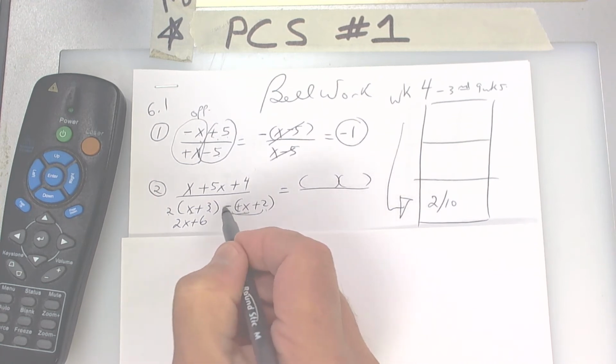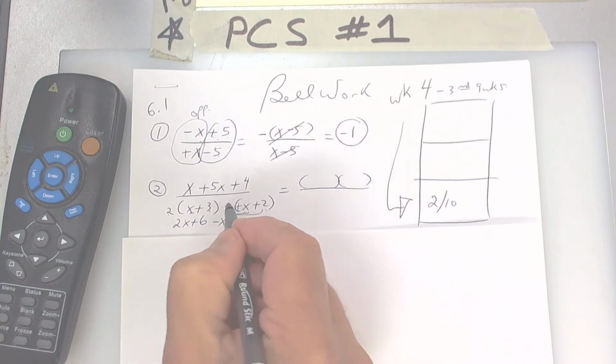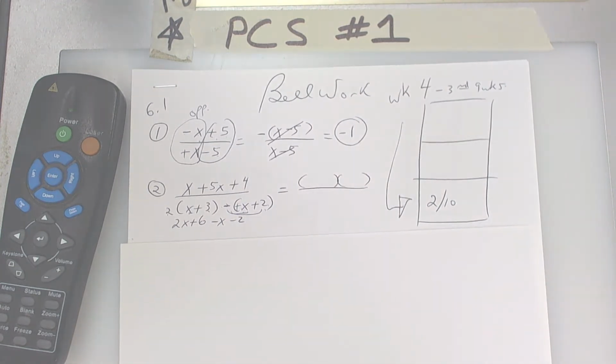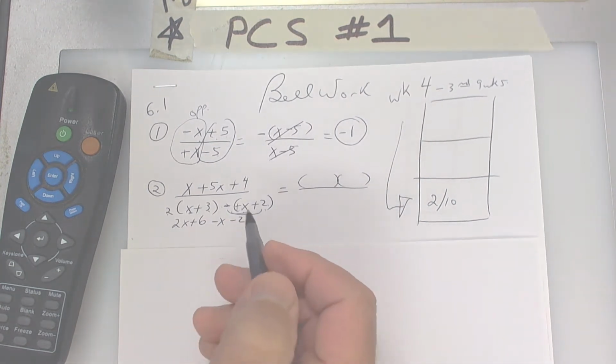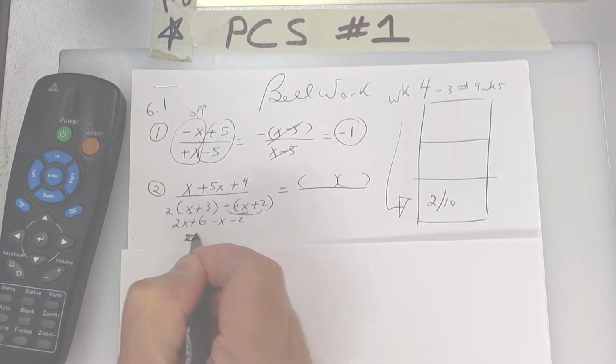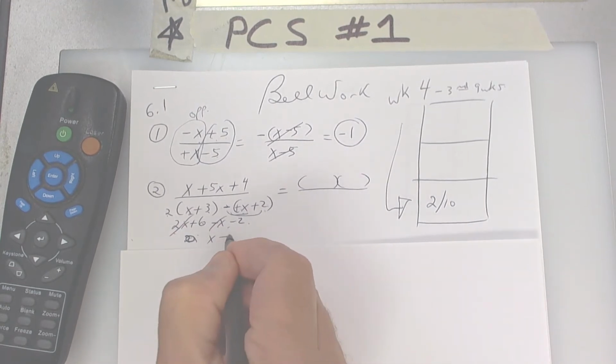So a negative times a positive. Remember, one negative is going to be a negative, and then here is going to be a -2. And when you combine that, let's see what we get here. This is going to be 2x. Let's take that back. 2x minus x is 1x. And then 6 minus 2 is 4, so that's going to be a +4.